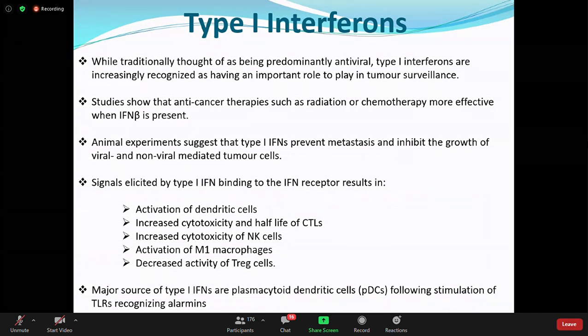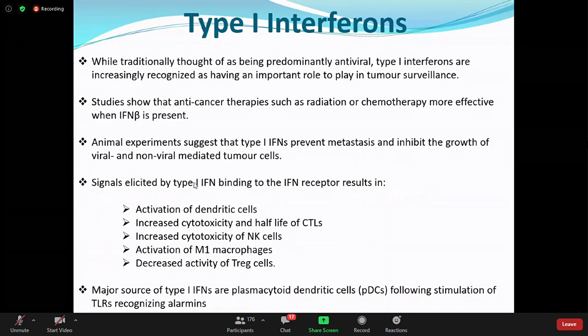So in other words, when these patients that are receiving these therapies are also infused with type 1 interferons, there is better prognosis in terms of reducing the tumor load. So somehow, in addition to these physical treatments of radiation and chemotherapy, the addition of interferon to boost the anti-cancer immune system also helps to promote this cancer-killing effect.